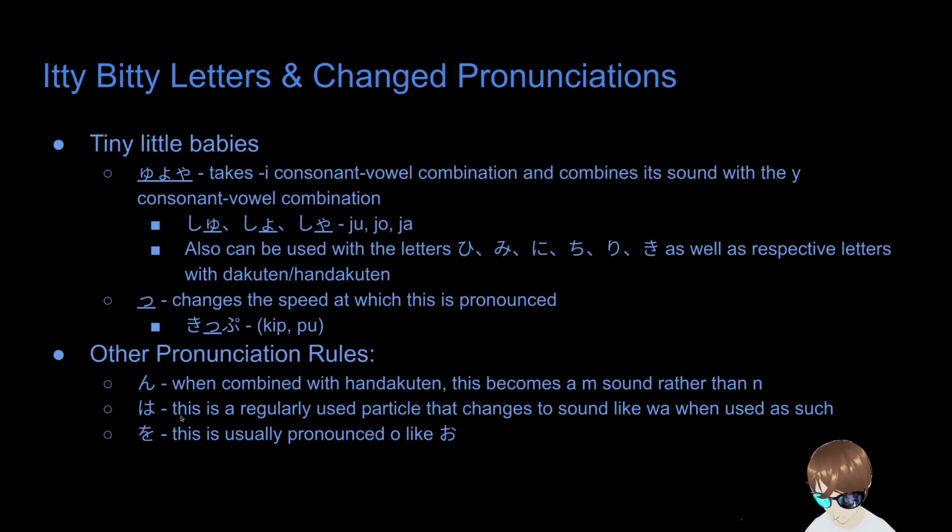Ha can sound like wa when it's used as a particle, which is very common. Ha is used a lot like a particle, and I'll show you a sentence later that has it. And then, as I said earlier, wo is so uncommon that I don't think people even say wo, they only say o.